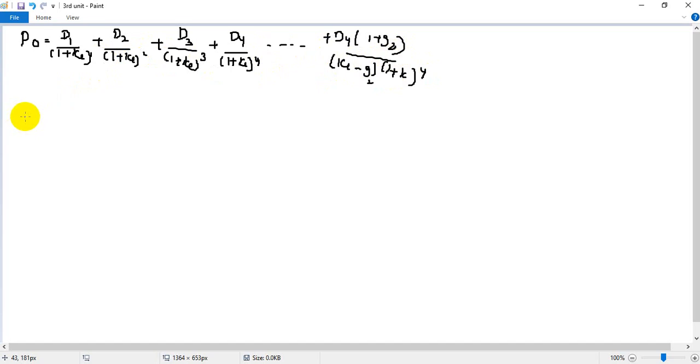Let's write down the entire information that has been given in the question. I'm going to read out the question. You first write down the question in your notes, then do the solution part. The most recent annual dividend paid by the company is 3, so D0 has been given as 3 rupees per share. An annual increase of 10% per annum, your growth rate is increasing 10% per annum.